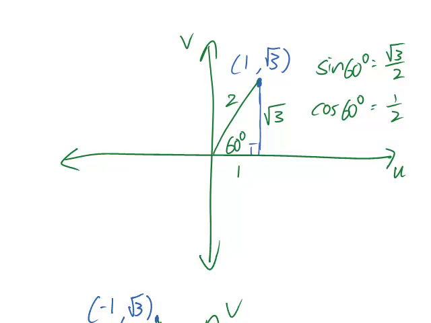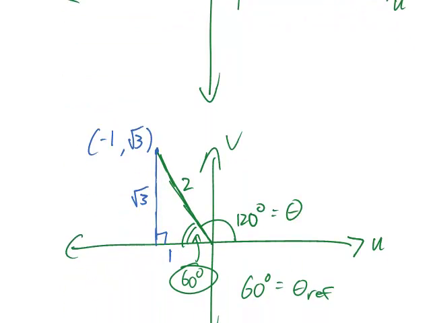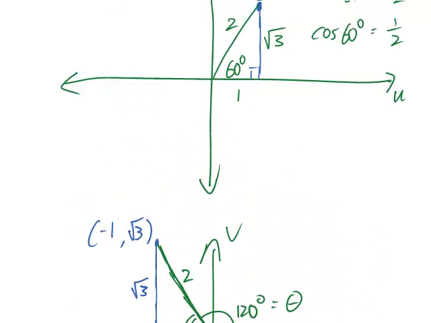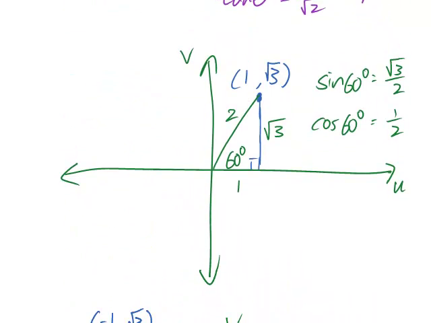And so now, if we go back here, well, what's the height? The height is root 3. It's the second coordinate, just like here. In fact, you notice that the coordinates are the same because we have the 60-degree angle up here and then the 60-degree reference angle in the second one. So we'll take a look at that relationship later.